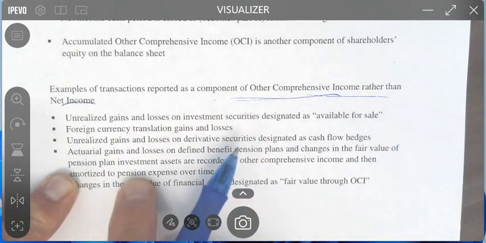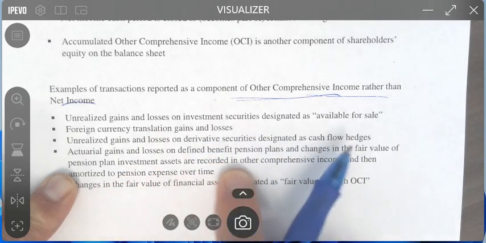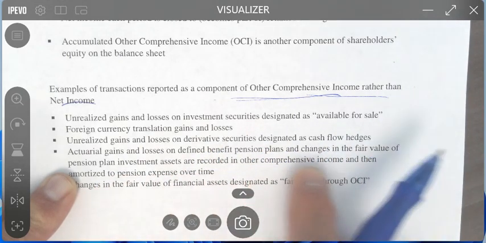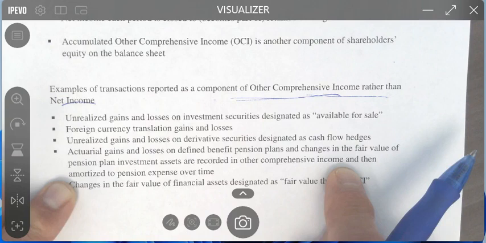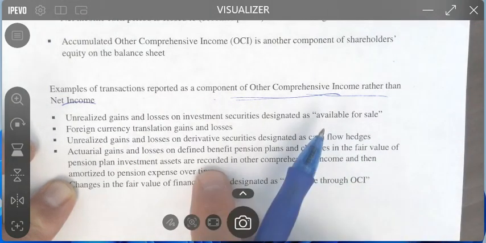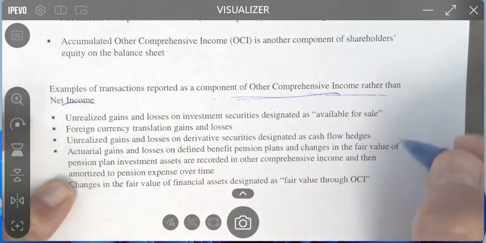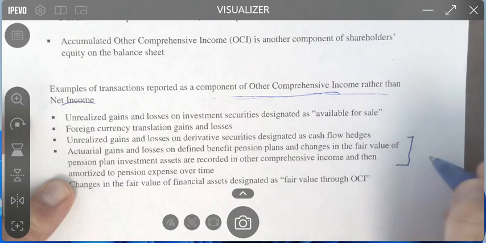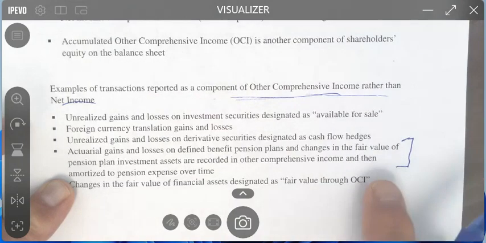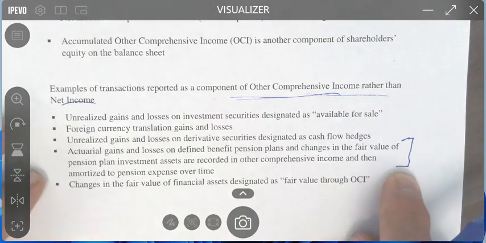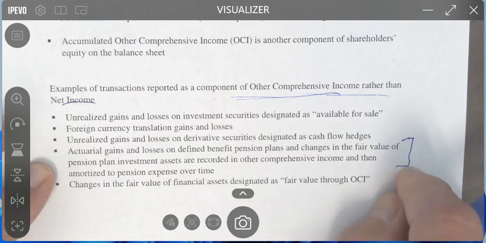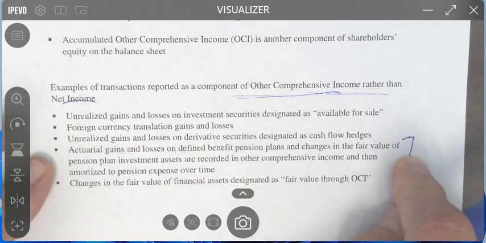And changes in the fair value of the pension plan investment assets. They're all recorded in other comprehensive income, and then they're amortized to pension expense over time. The good news when you read all this complexity is these plans are becoming a historical relic quite quickly.